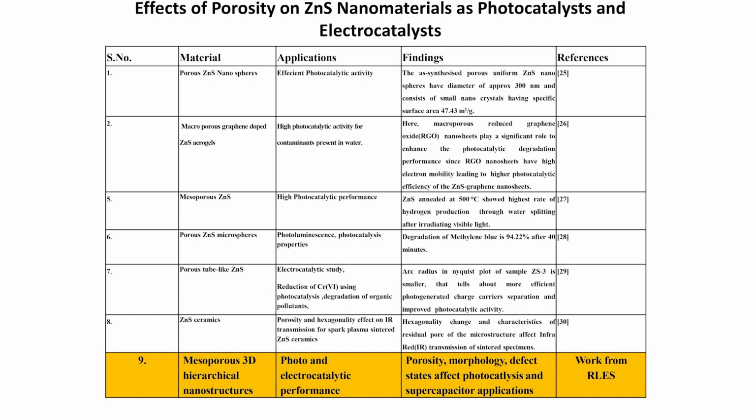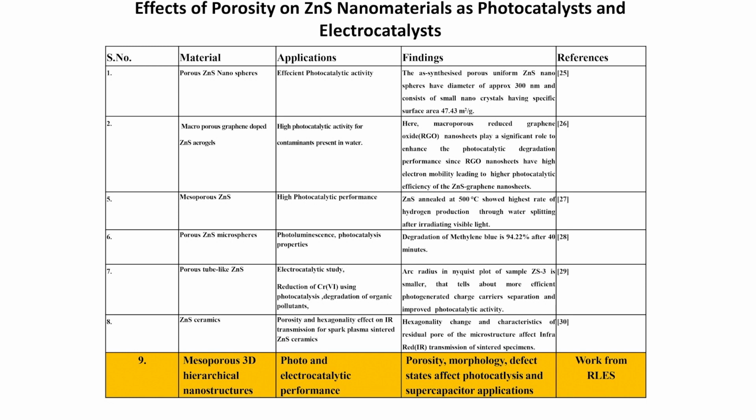Arc radius in Nyquist plot of sample ZnS3 is smaller, which tells about the more efficient photogenerated charge carrier separation, improved photocatalytic activity.